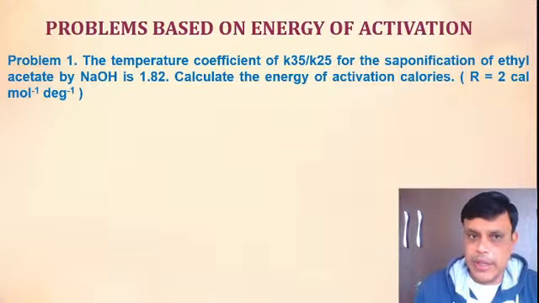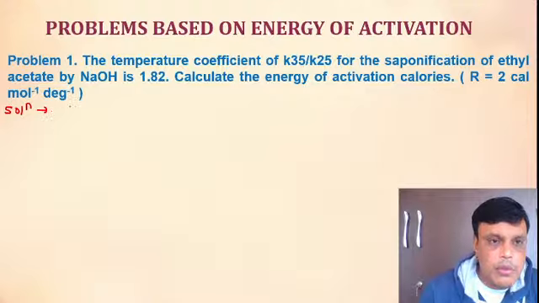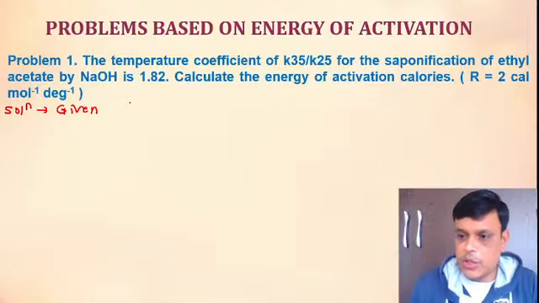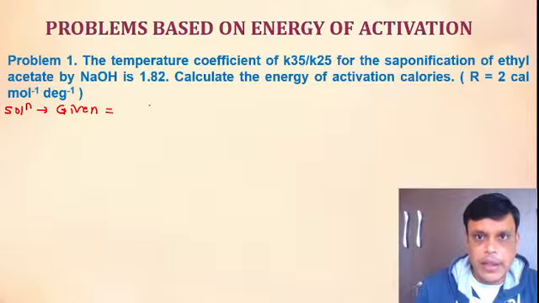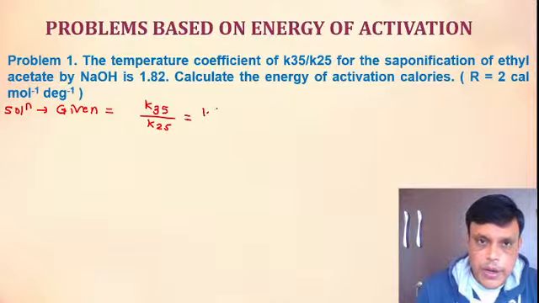Temperature T1 in Kelvin. So here I will write solution, and in solution I will write first the given. Correct, Rupesh Kumar. Capital T1 is 298 Kelvin. Very good. So what is given: K35 by K25, the temperature coefficient, is 1.82.